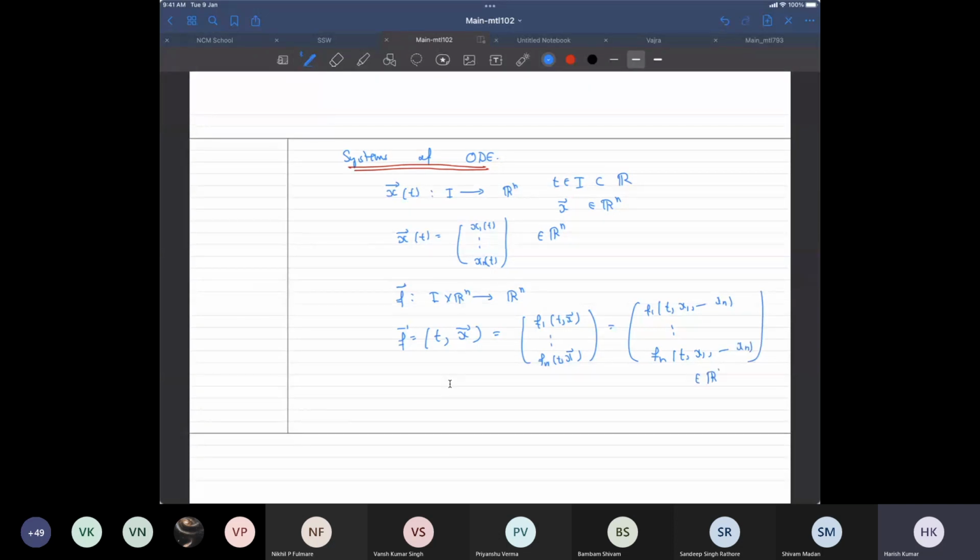Of course it's in R. Then we can do the component-wise differentiation, and we can write that x1 prime will be f1. Similarly, x2 prime is equal to f2, where f1, f2, fn are given functions. Similarly, xn prime will be fn(t, x).